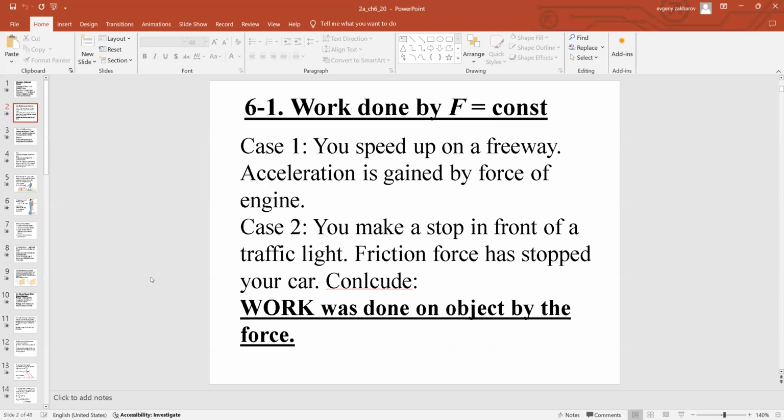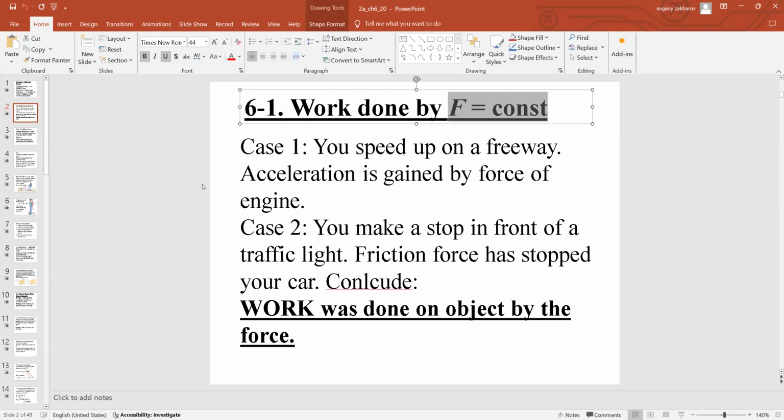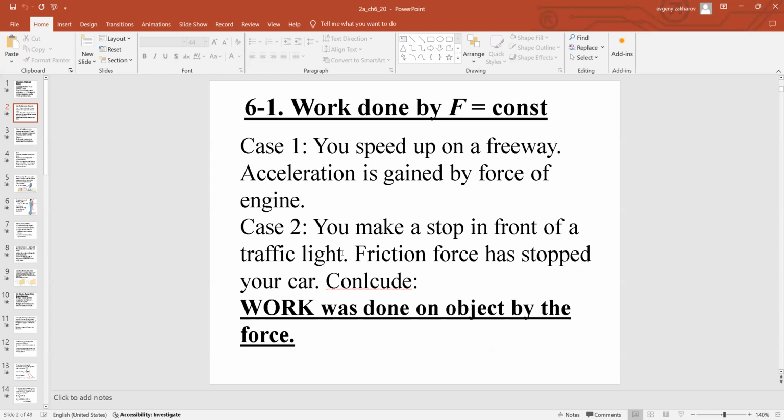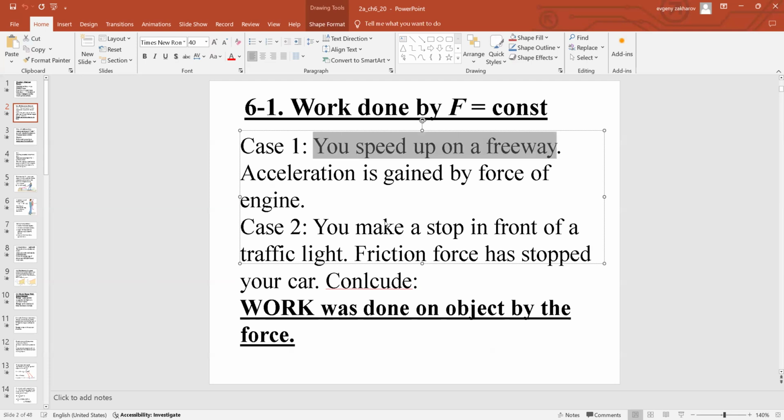Okay, let's start with the idea of work, how you calculate work done. And you see how the given is that force is constant. Force doesn't change. And there are two cases to think of. First case, you speed up on a freeway.